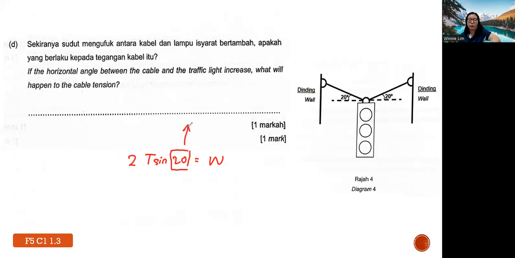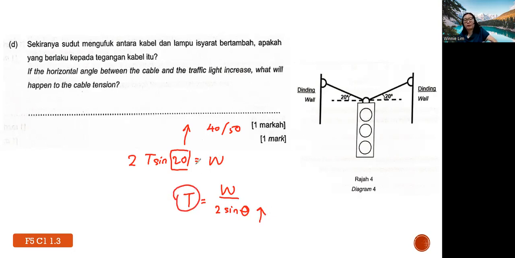What happens if I increase it? For example, you can assume I increase it to 40 or 50, as an assumption. So you can still use calculation to predict the idea. We rearrange the formula first. Tension will be equal to weight divided by 2 sine theta. Now this angle increases, so what happens to your tension?